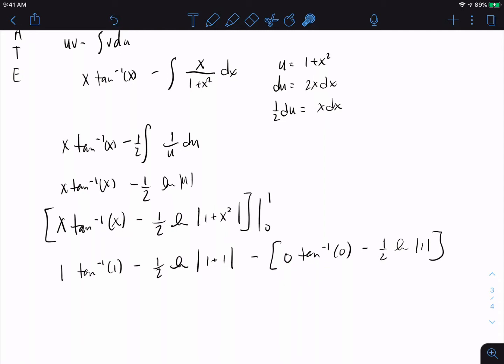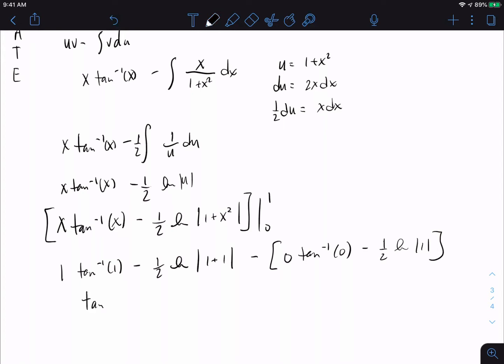Tan inverse of 0. What is that? 0. 0. What's 1/2 ln of 1? Okay, I'll help you. Ln of 1 is 0. Okay, so that means this whole piece here is going to be 0.